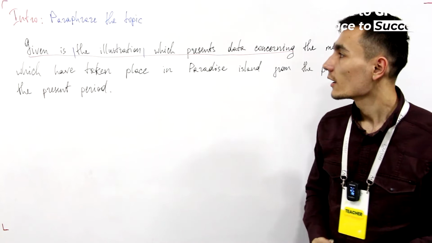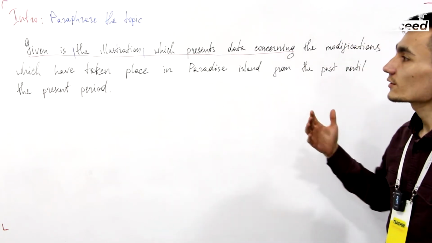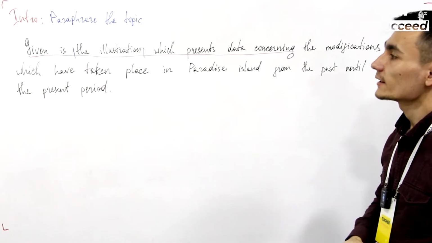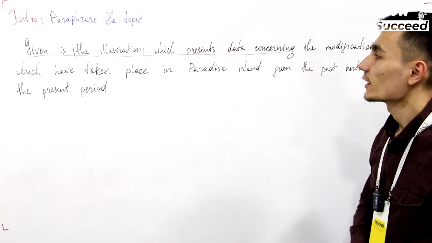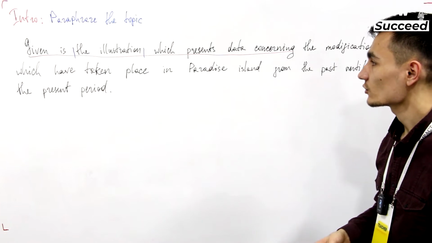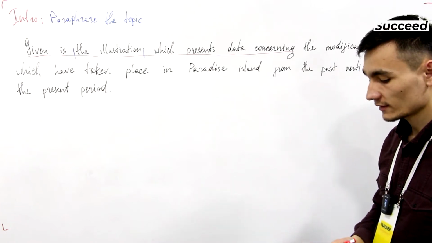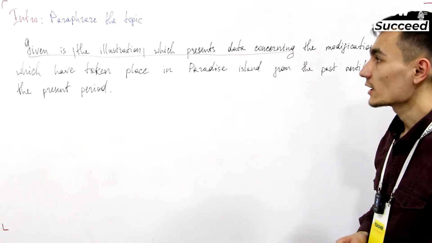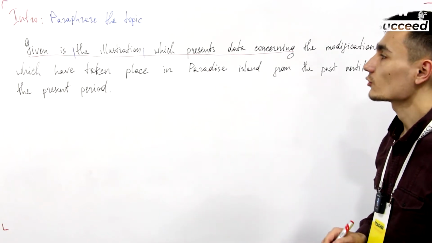And as you see, I said "the modifications which have taken place in Paradise Island from the past until the present period." And here what you have to pay attention to is that this is a template that you can use in any introduction for a map that you are given.